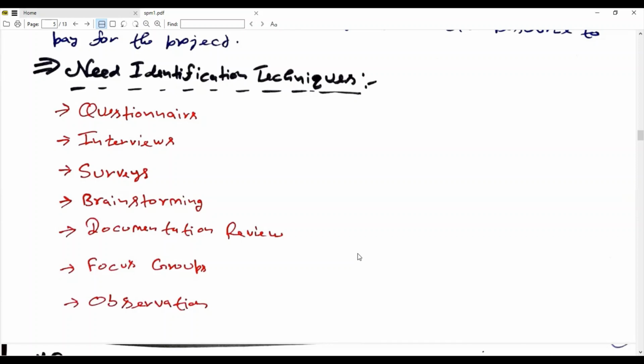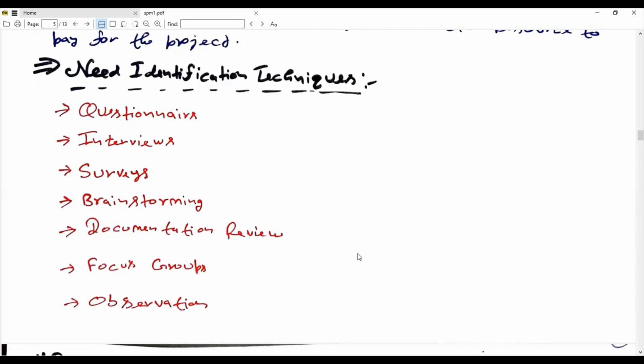The next technique is brainstorming. The team can organize a brainstorming session where some experts, end users, or team members discuss the problems and how we can solve them.